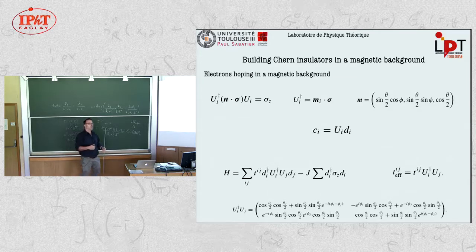It's basically that you will forget about the spin degrees of freedom of your electrons. And you will consider only that your electron has no more spin, but the spin is systematically parallel to the pre-existing magnetic moment on the site. Okay, this is the adiabatic approximation.